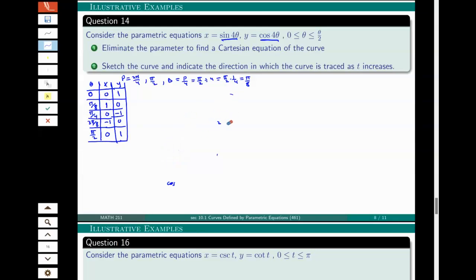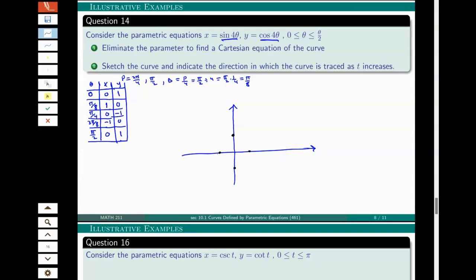So now we put it in the xy plane. So we have 0 and 1, that's my start, then 1 and 0. So then 0 and minus 1, and minus 1, 0.